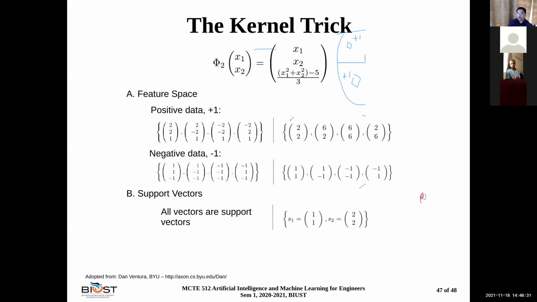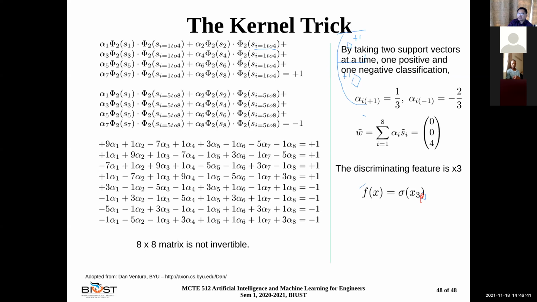So now we have 8 support vectors multiplied by the classification. Now this is the question: of all the 8 support vectors, why do you consider 1 to 4 only?